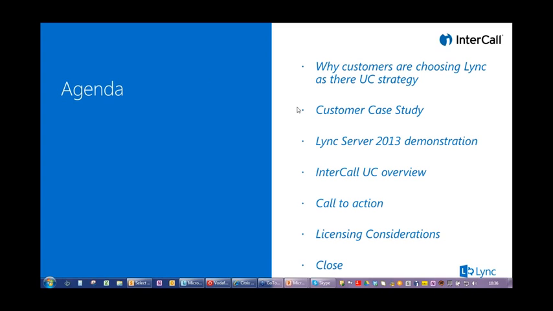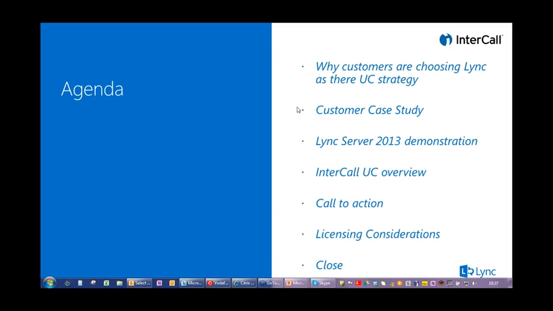We're going into a very brief customer case study, which will use some anecdotal evidence of what Lync has done in terms of providing a return on investment and improved productivity for a particular customer.